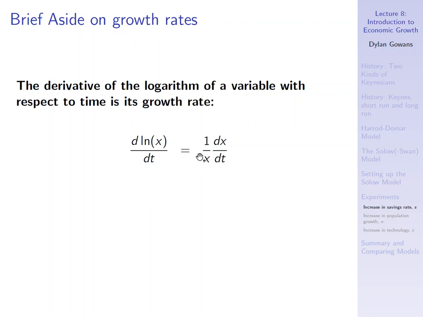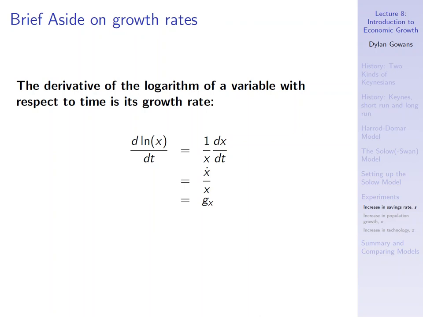Just the chain rule. Notice that the derivative of x with respect to time is just x dot, the change in x between any two periods, and then we're dividing by x, and so that's just the growth rate of x. Pretty simple derivation.